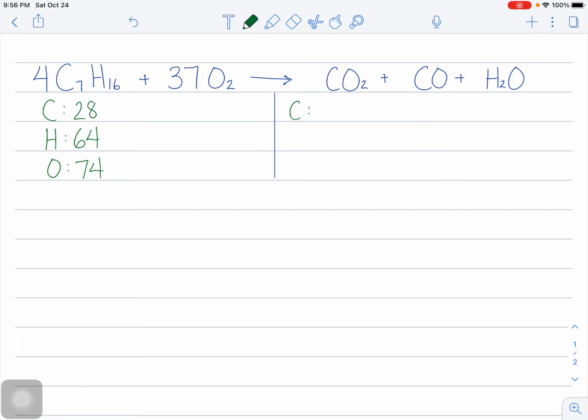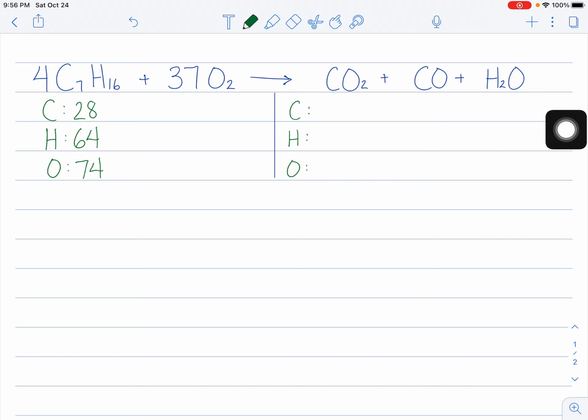So we need to calculate on the products side. Carbon is going to be in carbon dioxide and carbon monoxide. The only thing I know right now is those two have to add up to 28. Hydrogen I only have in water, and I need a total of 64.